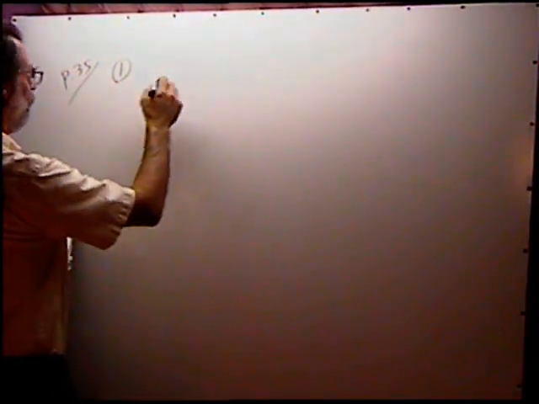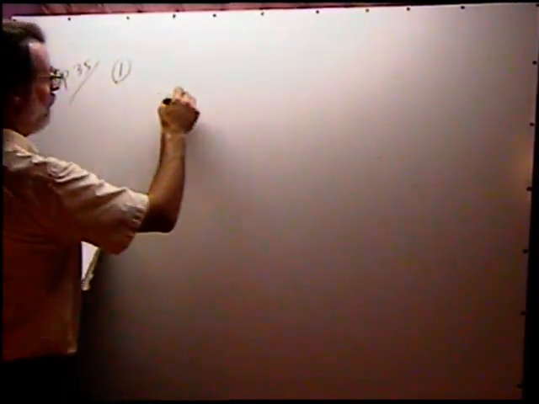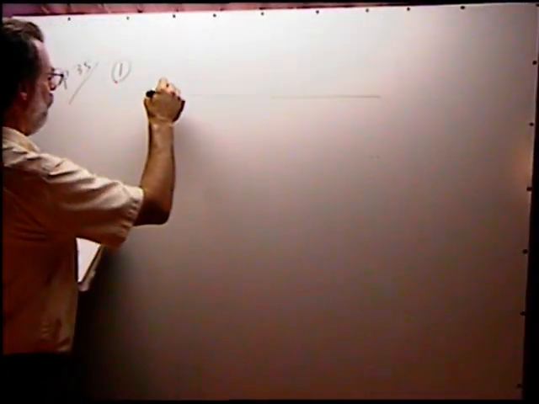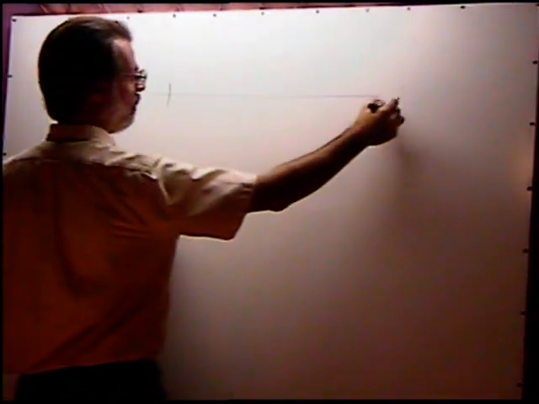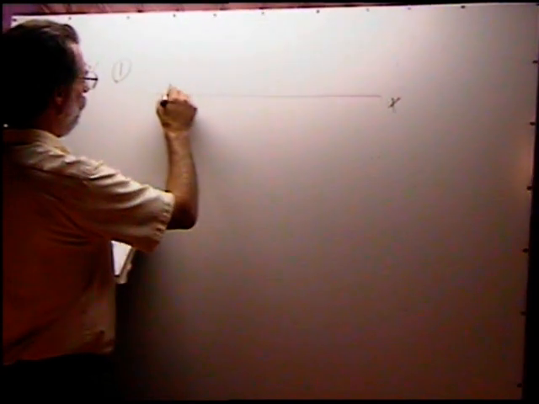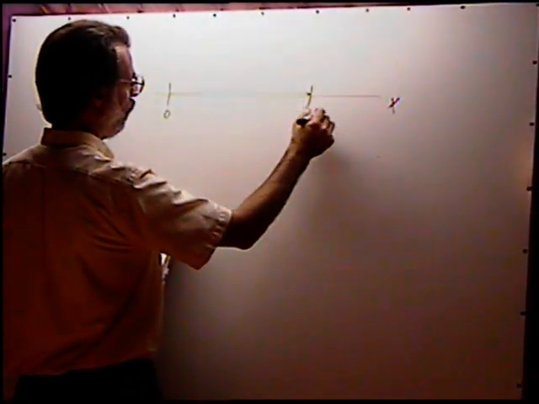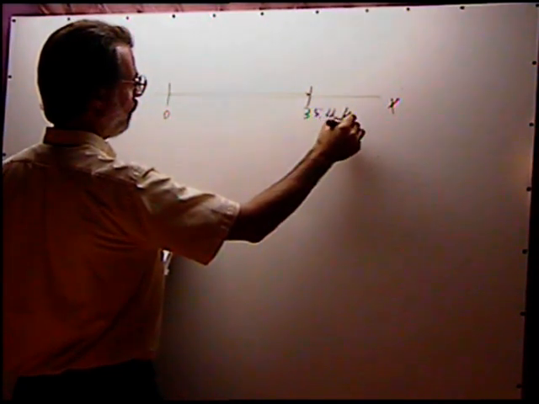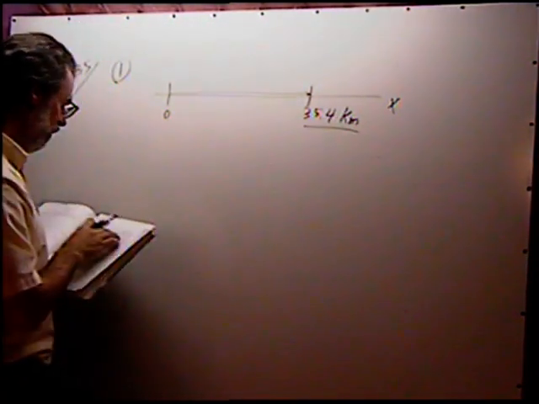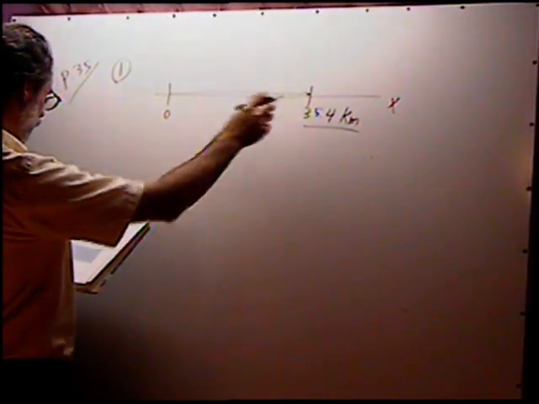Okay, so whenever you see a problem like this, you want to plot it. Plot an x-axis and start it at 0. So he travels this way, and he gets to 35.4 kilometers, and he makes his stop.